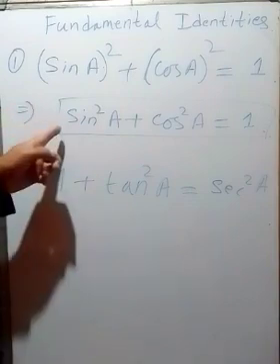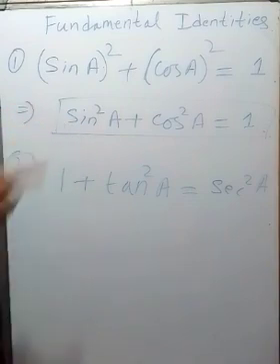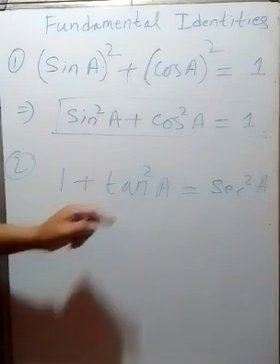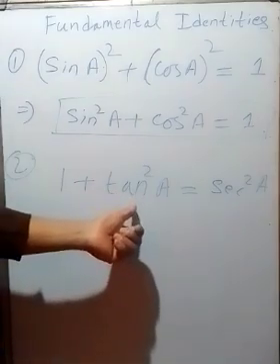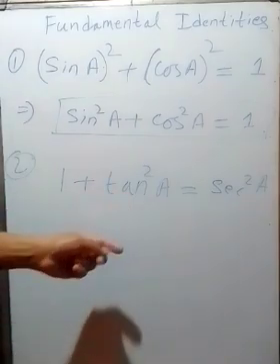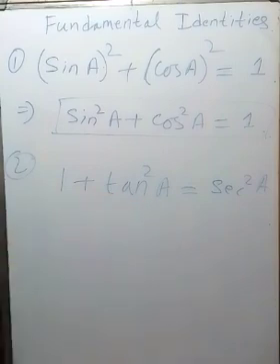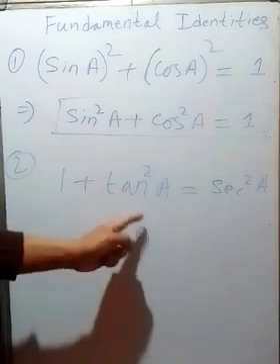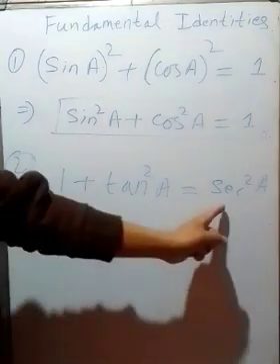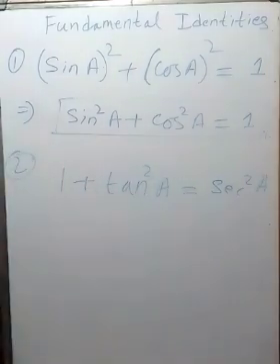Just before here we have proved this line. Now similarly second line also you can use. You can use trigonometric ratio. Tan A means what? P by B. Put here now, then square it and find the sum. This will be equal to sec square A.